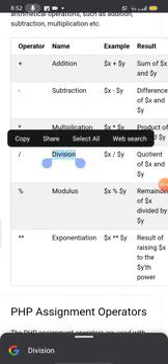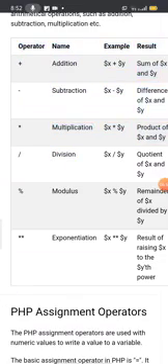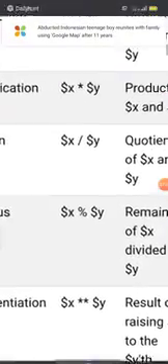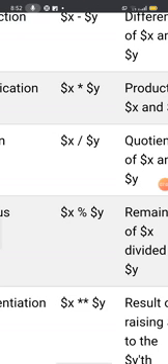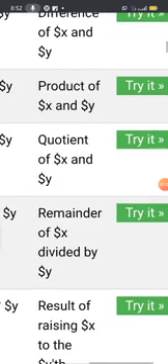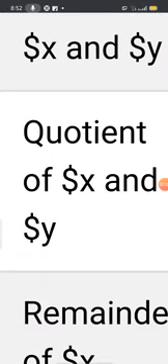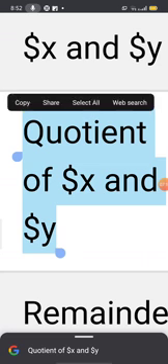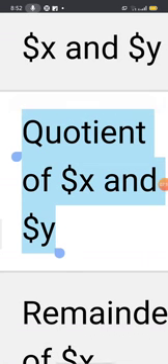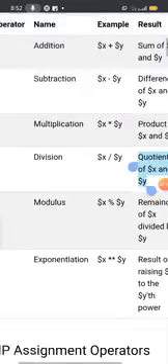Next is division. For division, you are going to use a slash. This slash you are going to use over here for division purposes. $x slash $y will provide you the quotient of $x and $y. Clear?